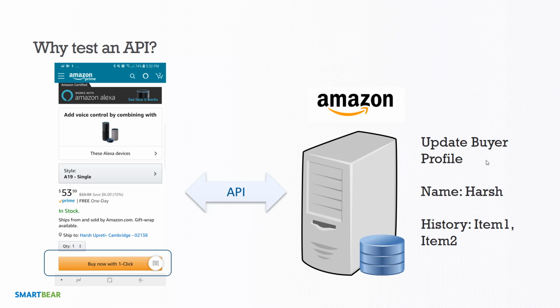For example, if after clicking the buy now with one click button, the server does everything right, but it was supposed to return the location of the bulb in terms of shipping, and it didn't return the correct information, that's a problem, because you want your user to be able to see everything they're expected to see. They want to see the location of their shipment, and that was not returned.